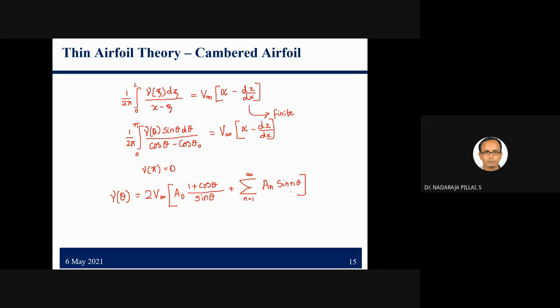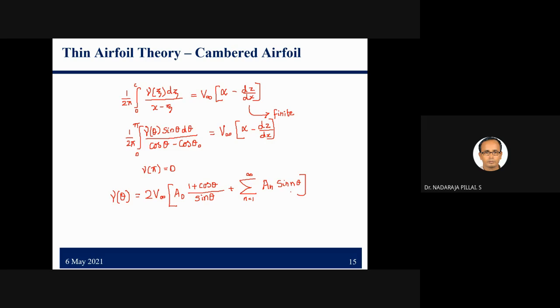This expression is a little stronger, and this gamma of theta is a little different from the one we calculated in the symmetrical airfoil. We can just substitute the gamma of theta in the above equation and arrive at the solution, right?